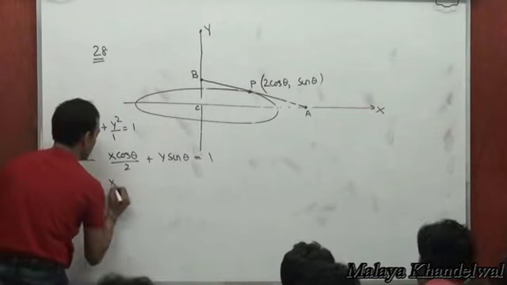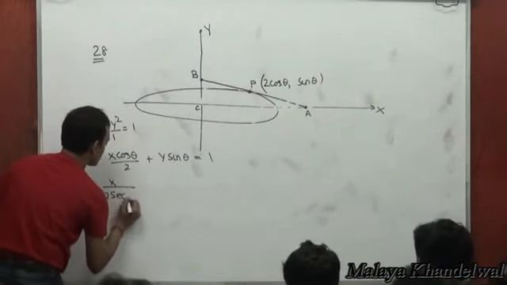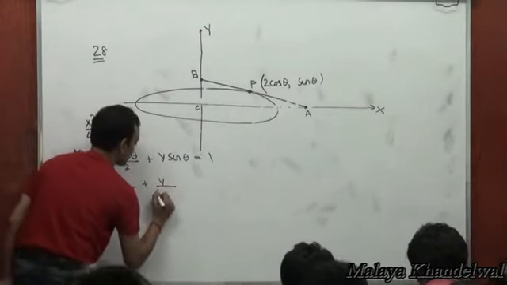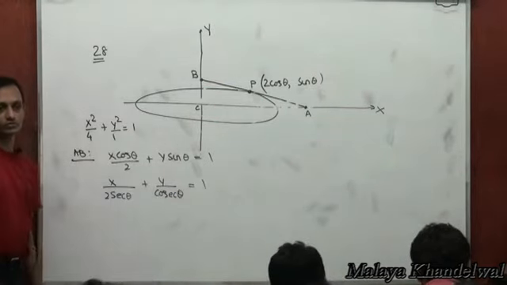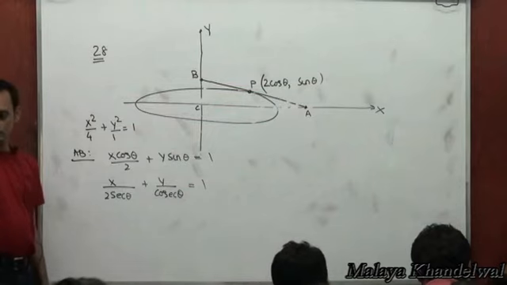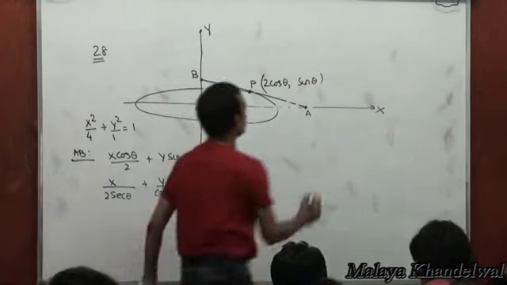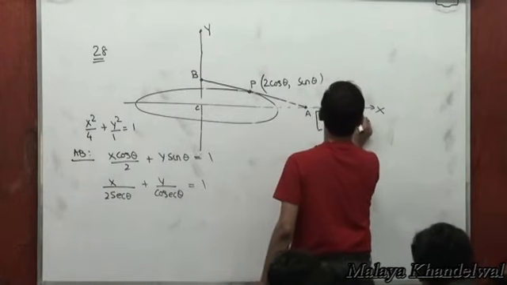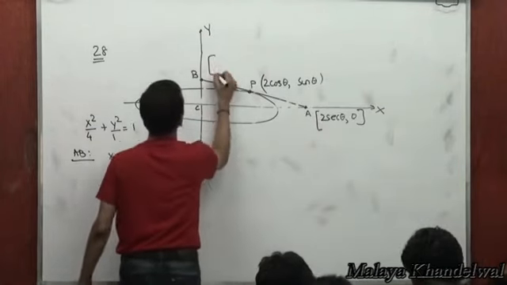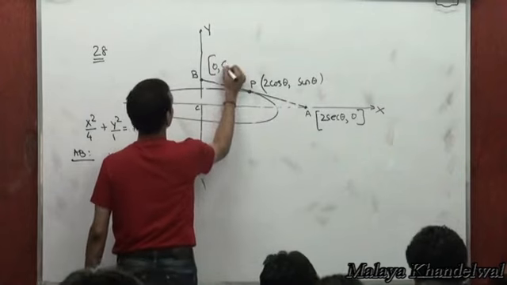Which you can write as x by (2 sec theta) plus y by (cosec theta) equal to x by a plus y by b equal to 1. Readily giving me A as (2 sec theta, 0) and B as (0, cosec theta).